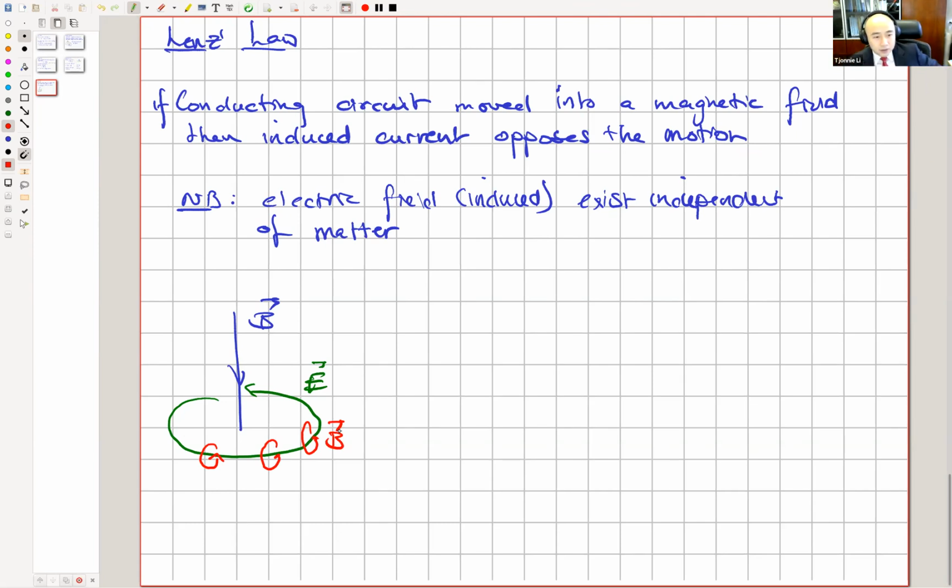Okay, so indeed, this induced electric field exists independent of matter. And so let me write this down. Even Lenz's law should exist independent of matter.